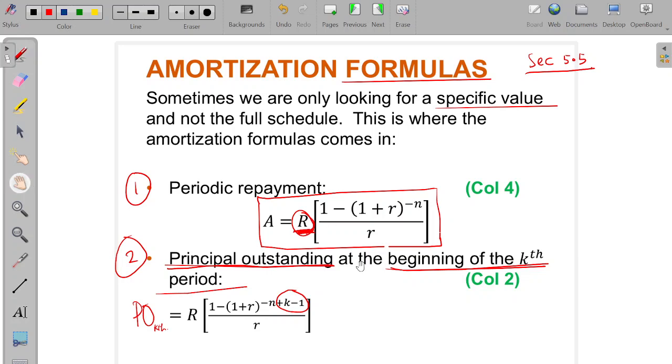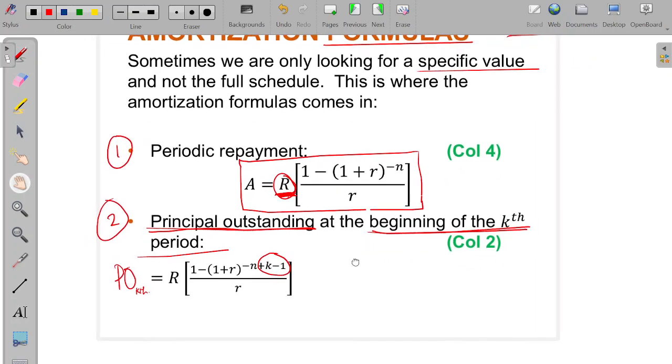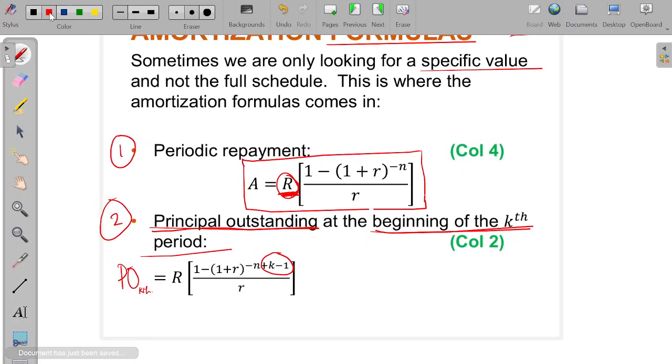Let me now explain something about this principal outstanding. The principal outstanding at the beginning of the Kth period is the same thing as the end of the K minus 1 period.